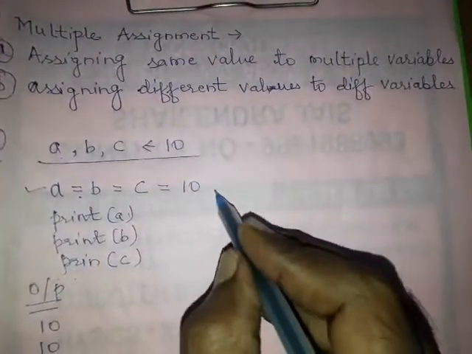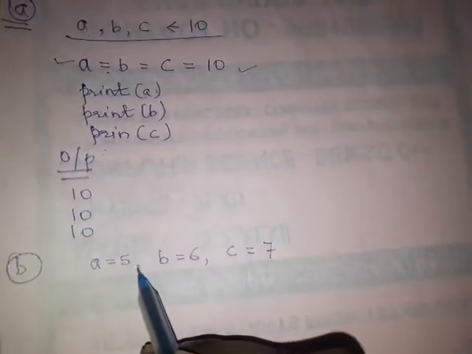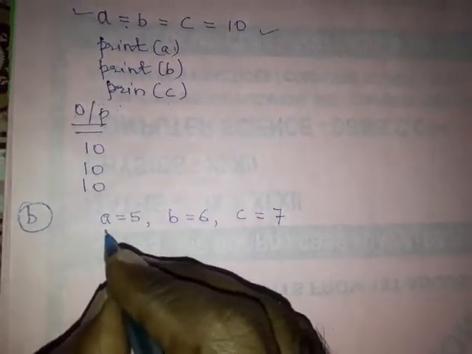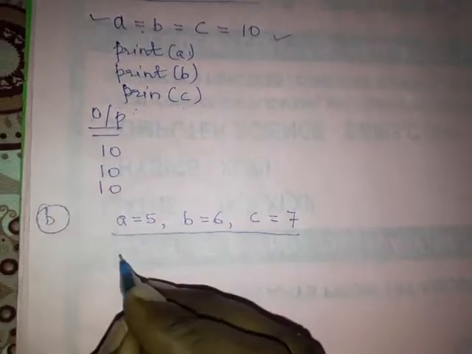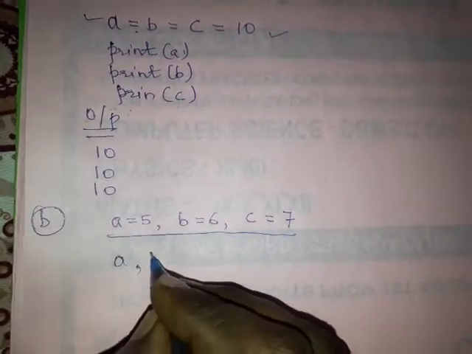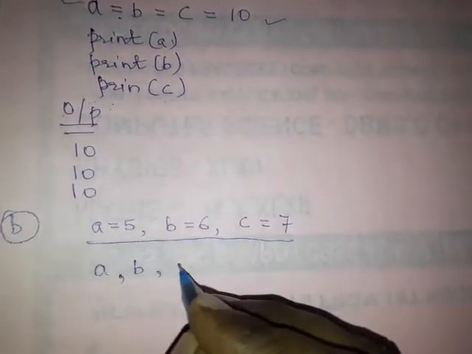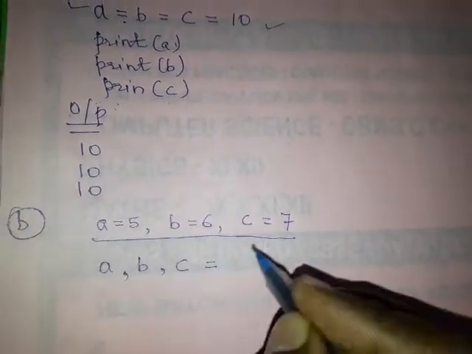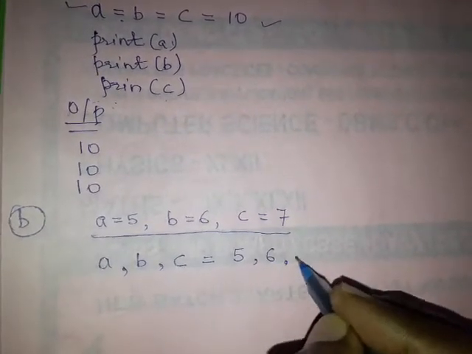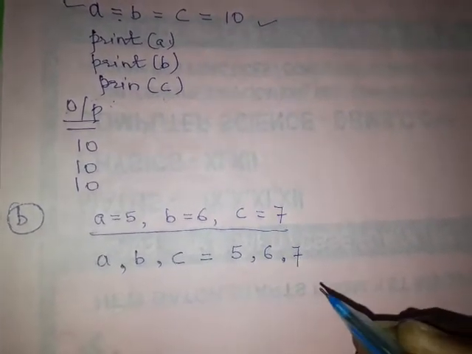This is a single statement assignment. So what to do? You have to write three different lines to assign these values, or in a single statement how will you assign? Suppose I write A comma B comma C equals 5 comma 6 comma 7.